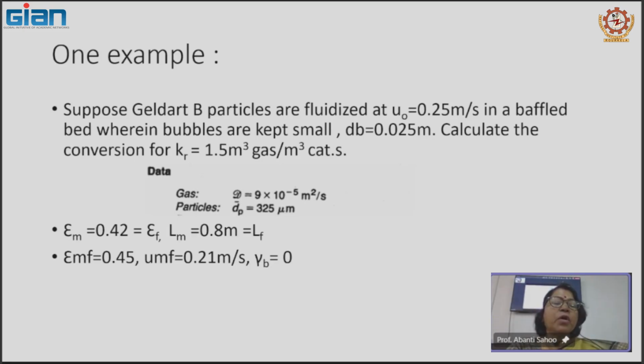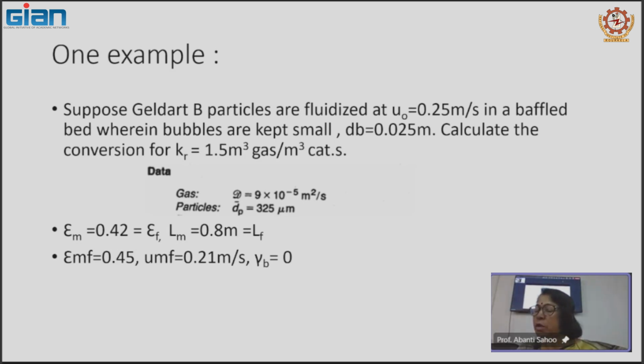The mean voidage is 0.42, which is in the fluidized condition also, that is epsilon mf the same. Lm, the length of the fluidized bed, is 0.8 meter, the minimum fluidization voidage is 0.45, the minimum fluidization velocity is 0.21 meter per second, and gamma b is 0. So, for this we need to calculate the conversion, how much gaseous reactant is getting converted.